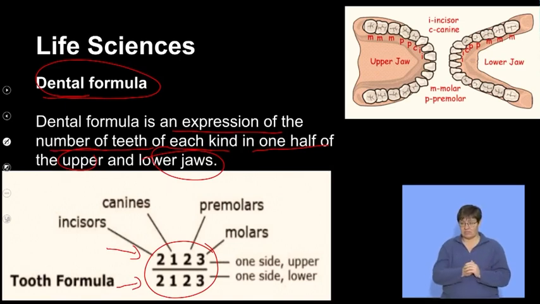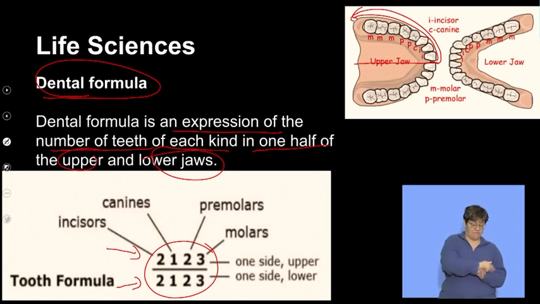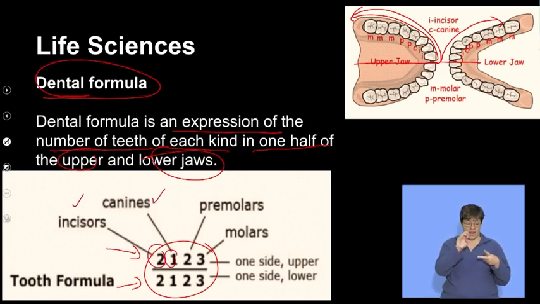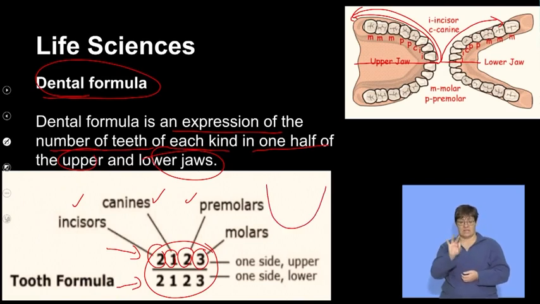So here we see the lower jaw, and the dental formula points to the distribution of teeth from the middle moving back, and this is again on the upper jaw from the middle to the opposite end going back. Here we notice the evidence of 2 incisors followed by 1 canine, 2 premolars and 3 molars, moving from the middle to the back.